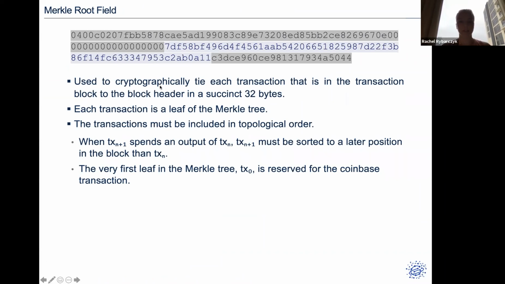In this case, it's used to cryptographically tie each transaction in the block to the block header in a succinct 32 bytes. So instead of including all of the transactions and all of the hashes, we can have this 32-byte number that's very succinct, and we can send that in to be hashed in the mining process instead of a huge number of transactions.